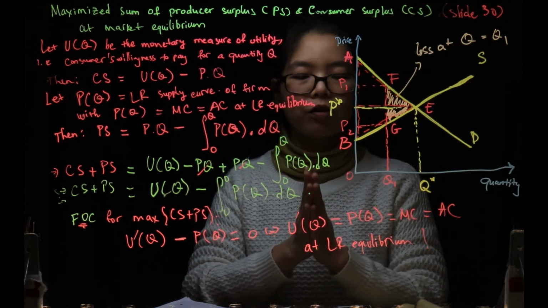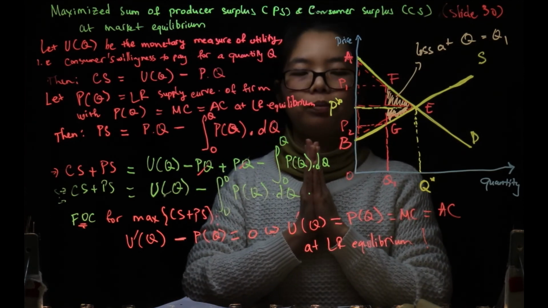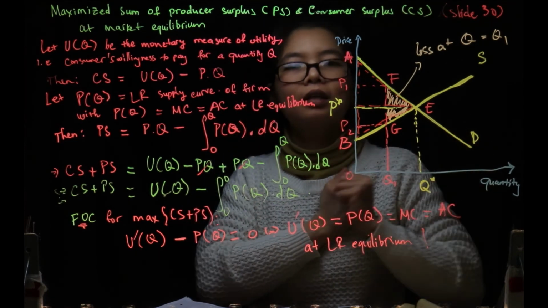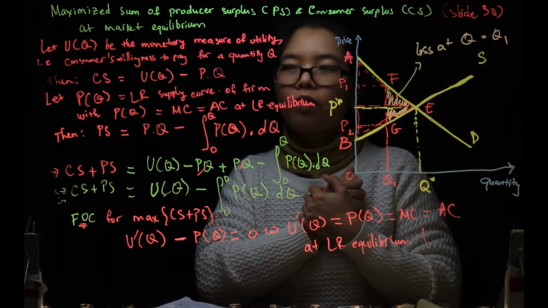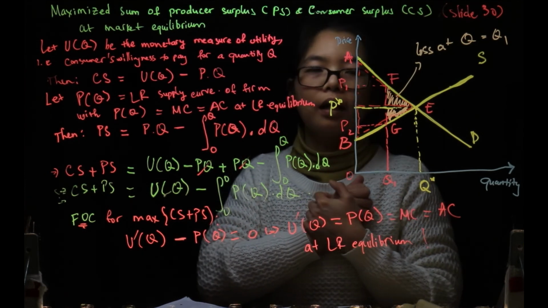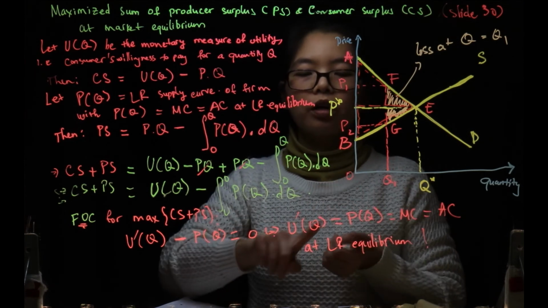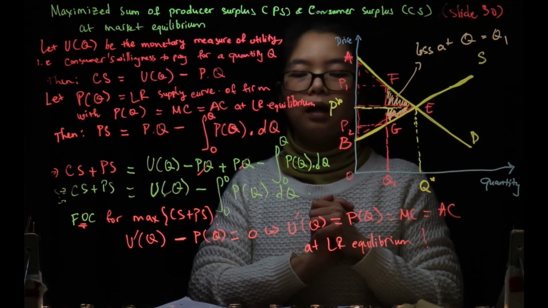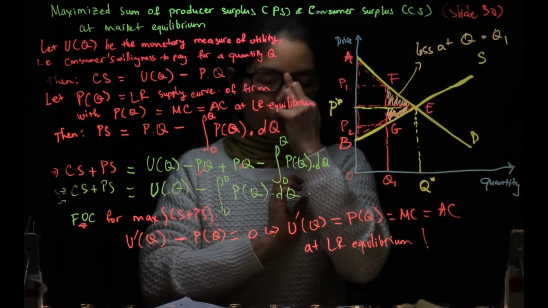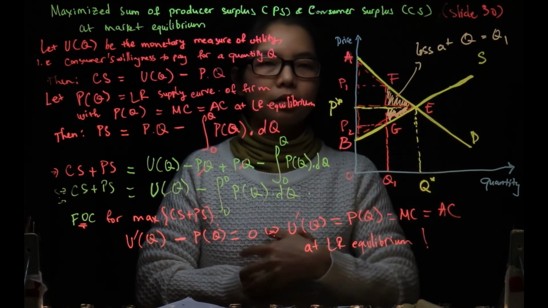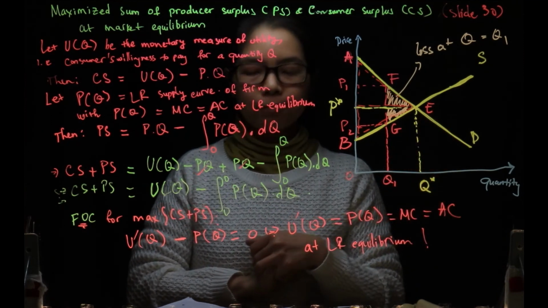And this occurs at the long run equilibrium, as we have known, because the demand curve, as we mentioned far in the past, is the curve that measures the marginal utility of the consumer. Therefore, this situation happens when the market is in equilibrium at E.